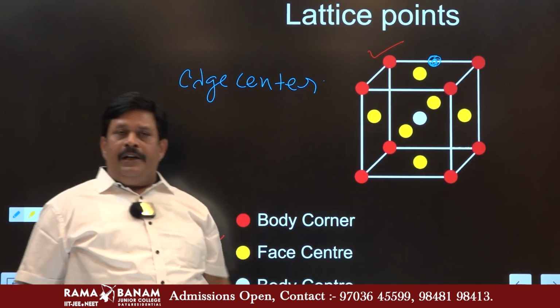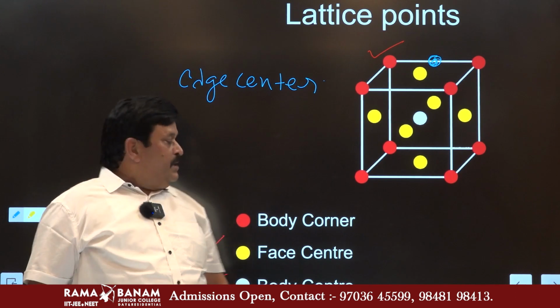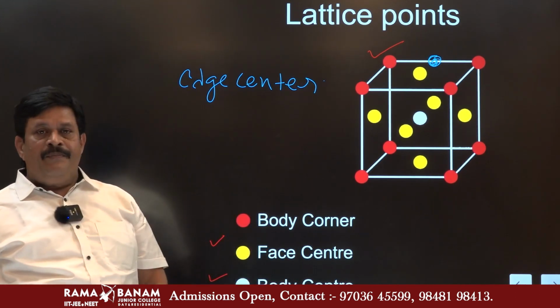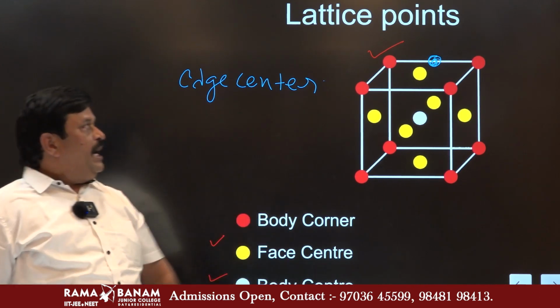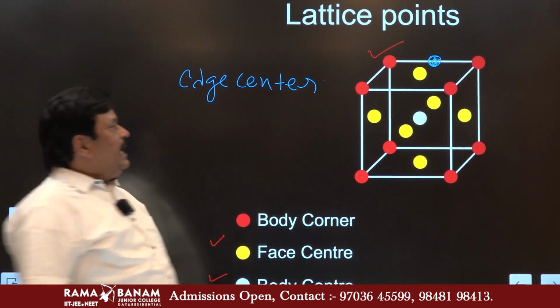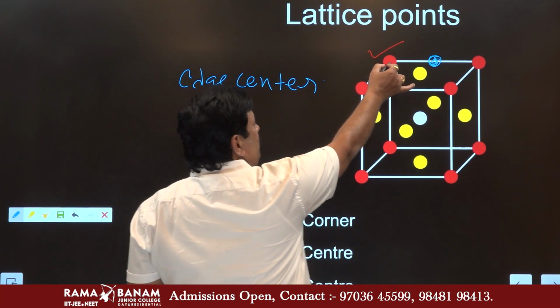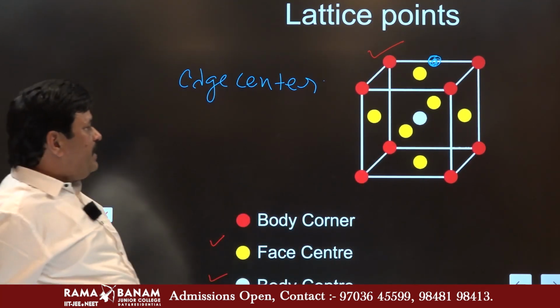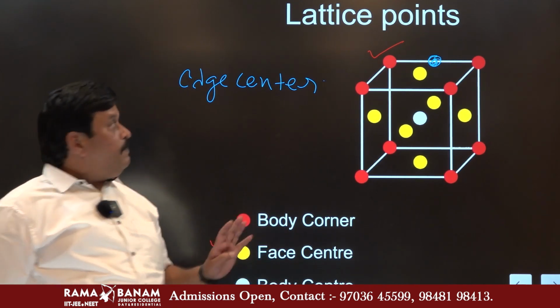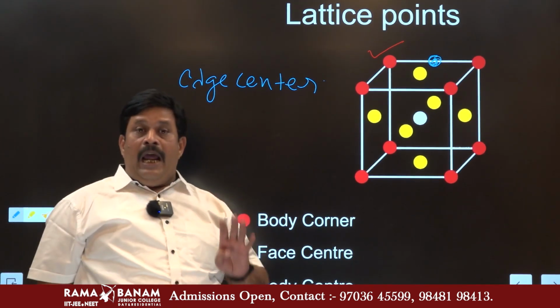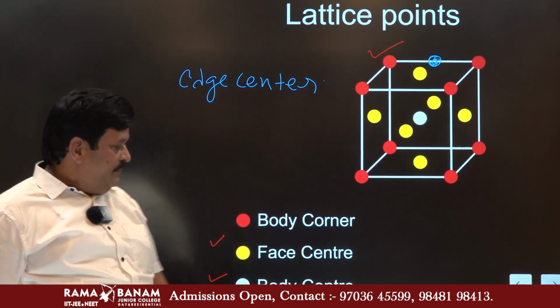One is body corner, second one is face center, third one is body center, and fourth one is edge center. And clearly it's shown what is the body corner position and what is the face center, what is the body center and what is the edge center. These four places are called as lattice points.